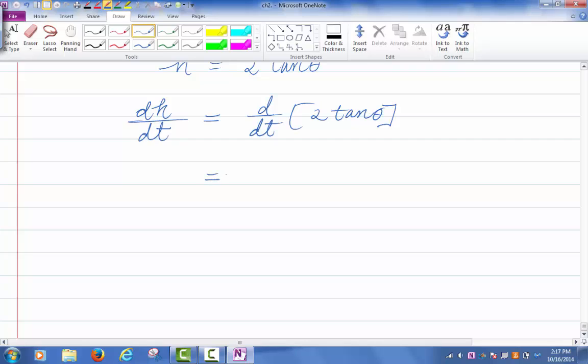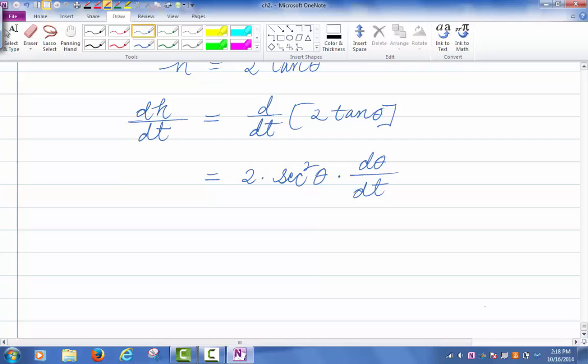Well, what is the derivative of 2 times tangent of theta? This would be 2 times, what's the derivative of tangent theta with respect to theta? Secant squared theta, right? And then you have to multiply by what? The derivative of theta with respect to time.